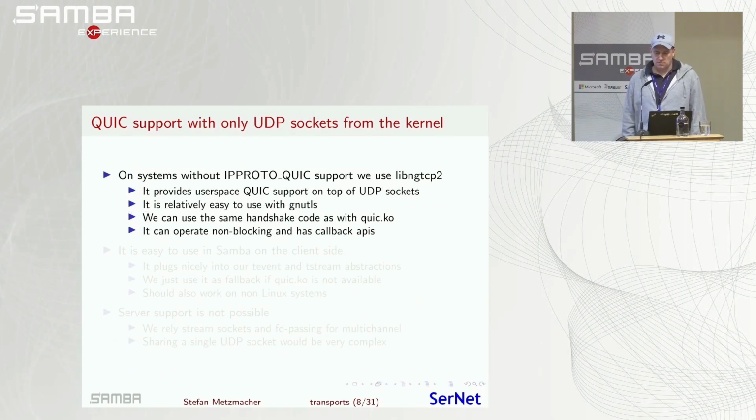Then, as QUIC is based on UDP, it's also possible to do everything in user space. And for that, on the client side, we make use of libngtcp2, which also makes use of GnuTLS, and it's very easy to hook this into our tevent non-blocking infrastructure.